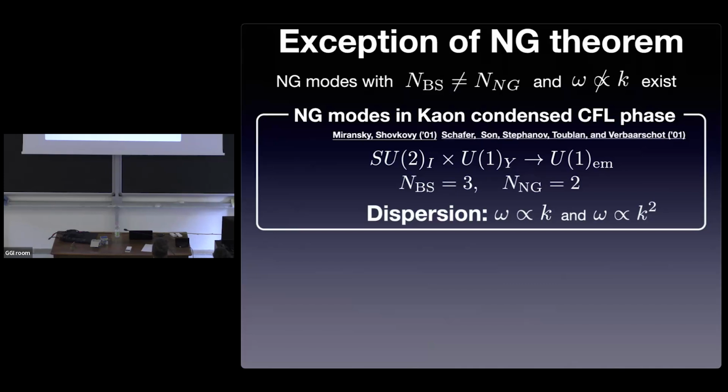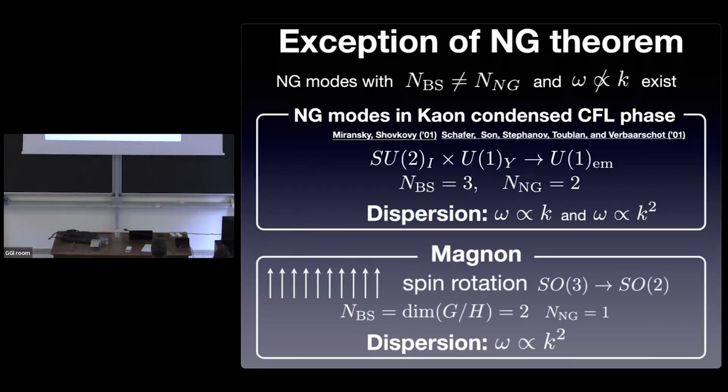Then in that case, the number of broken generators is 3. But in this case, only 2 modes appear, whose dispersions are linear and quadratic.